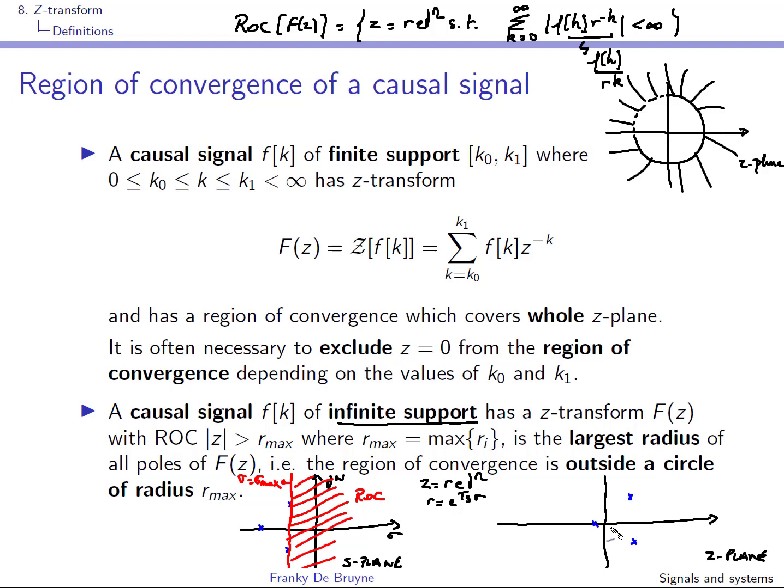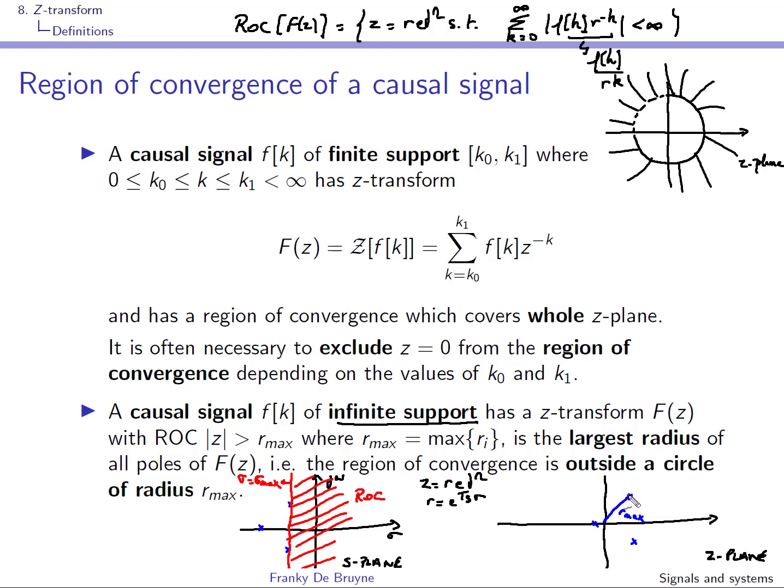Then you look at the pole with the largest radius, and there are 2 over here because they are complex conjugate. This will be r max, and the region of convergence will be constructed on this pole with the largest radius.